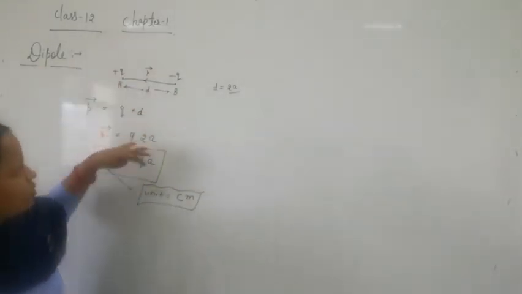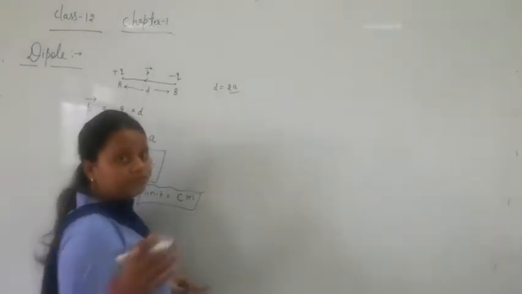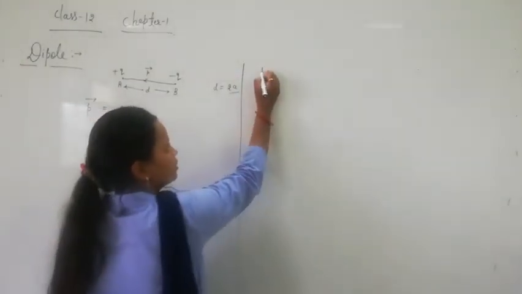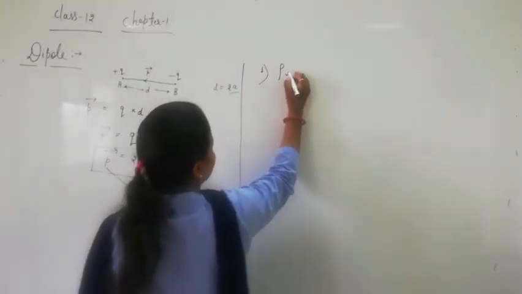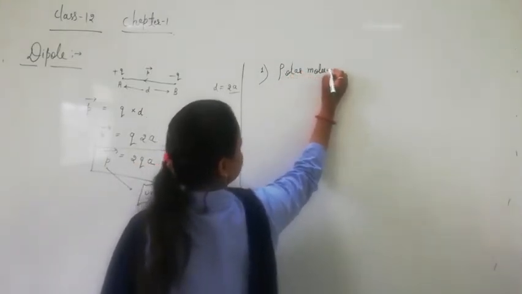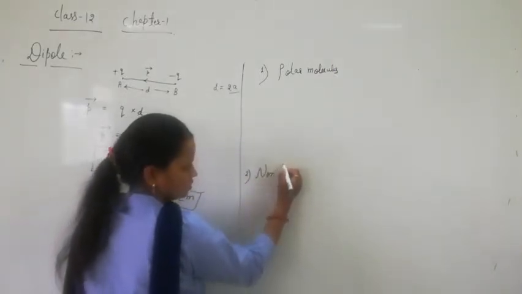Then dipole moment has two types. On the basis of dipole moment, there are two forms of particles, even molecules. What are the forms? First is polar molecules, and second is non-polar molecules.